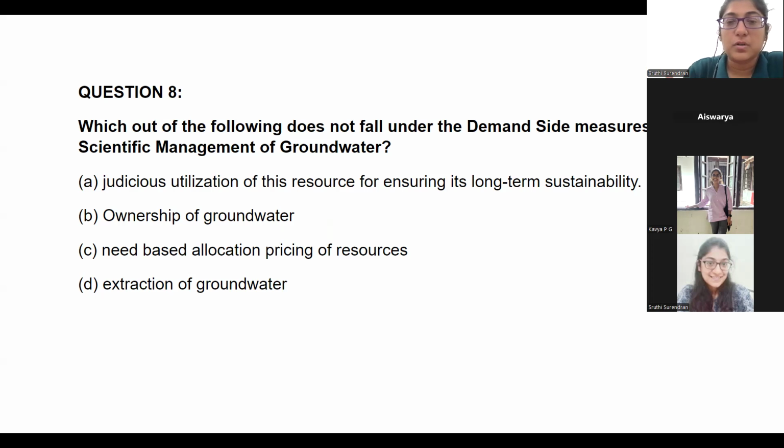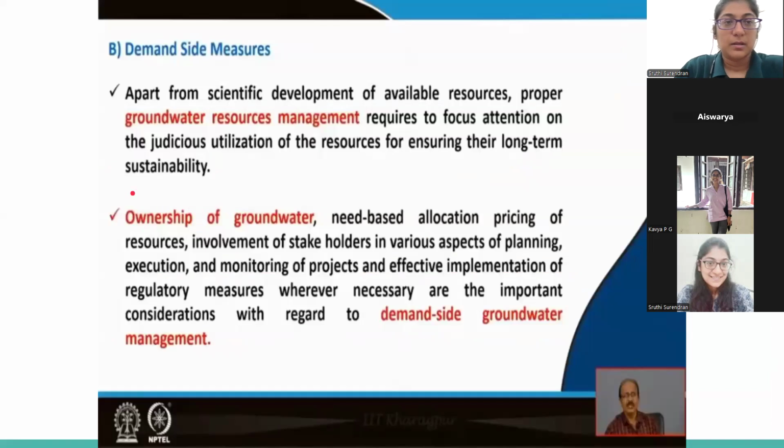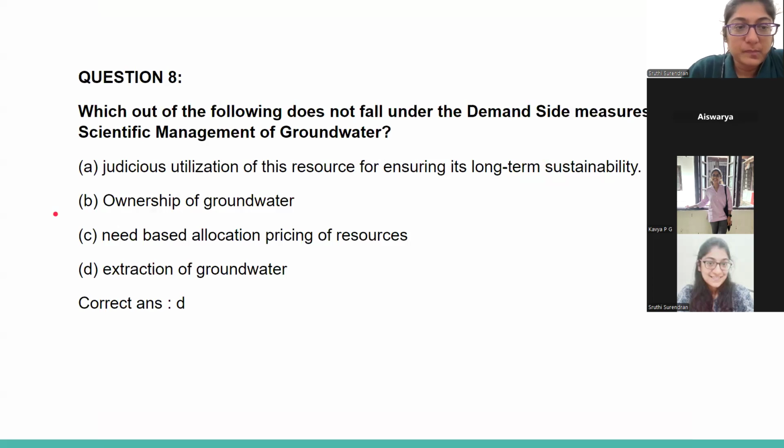Extraction of groundwater comes under the supply side measure. So demand side measures include taking ownership of groundwater, need-based allocation, pricing of resources, involvement of stakeholders in various aspects of planning, execution, and monitoring, and effective implementation of regulatory measures. So the correct answer is option D.